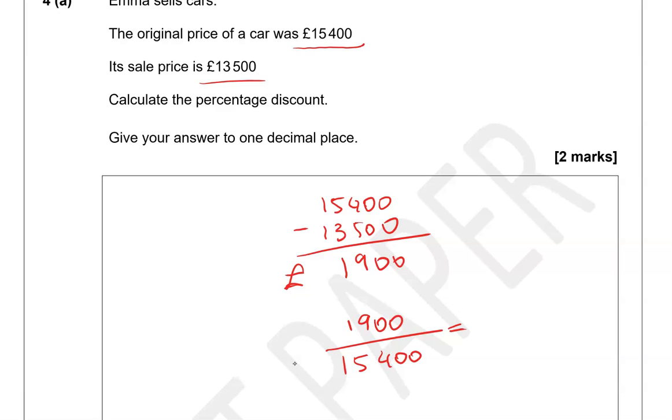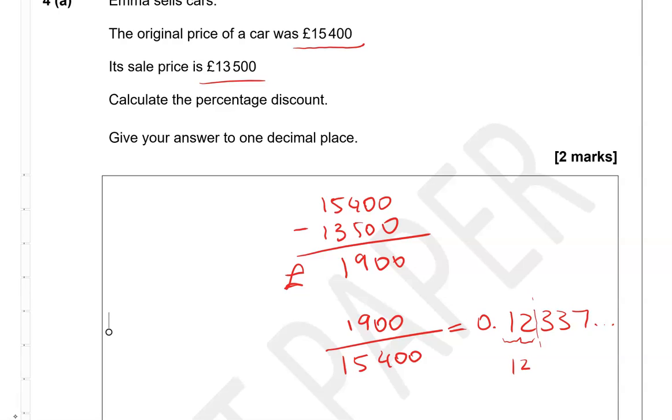Again with a calculator, 1,900 divided by 15,400 gives us 0.12337 and so on. Now that's as a decimal. As a percentage, that is going to be 12.337. In other words, we've just multiplied by 100.